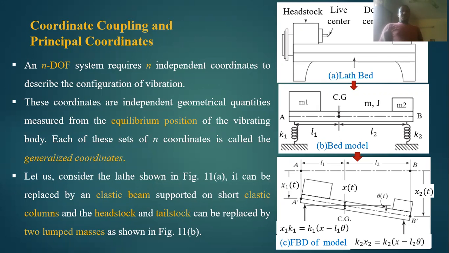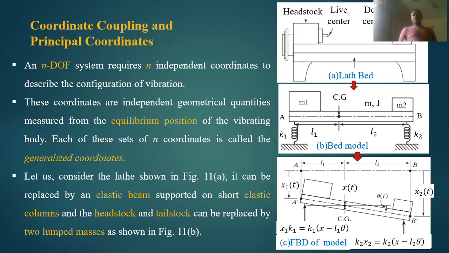The coordinates are independent geometric quantities measured from the equilibrium position. This center line A to B indicates the equilibrium position of the whole system from where we can take measurements. Each set of n coordinates is called generalized coordinates.